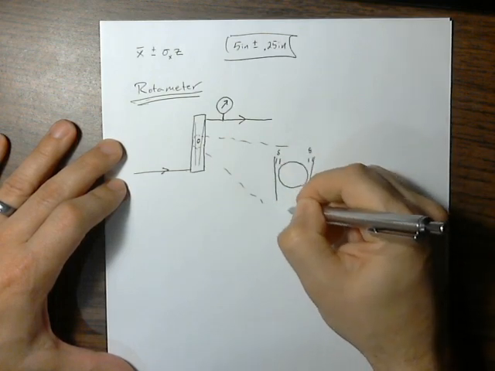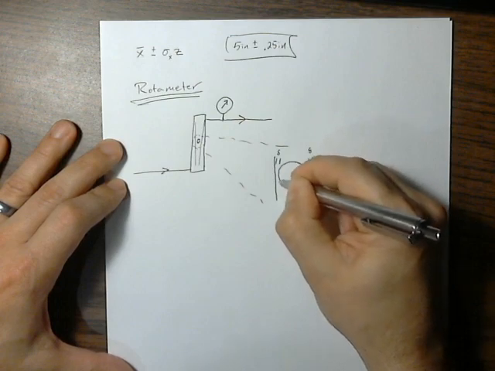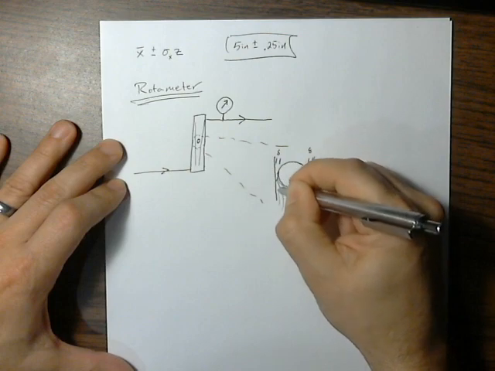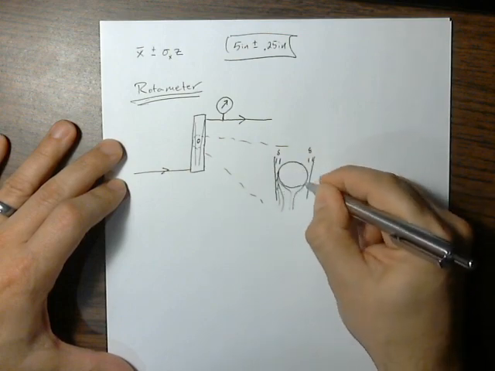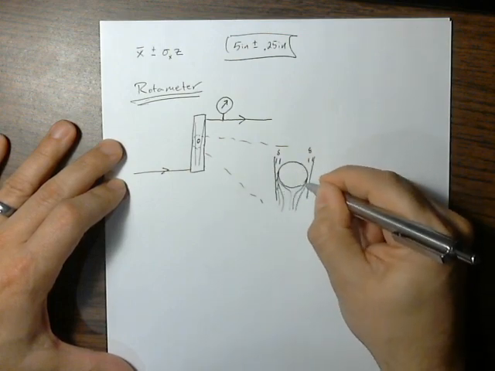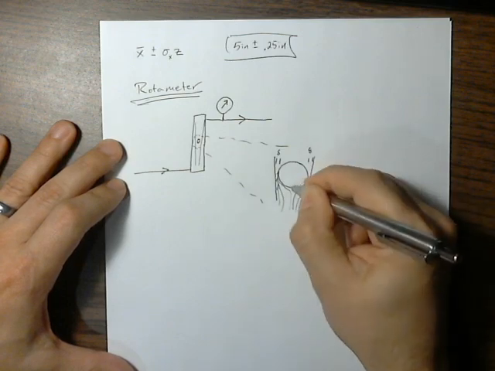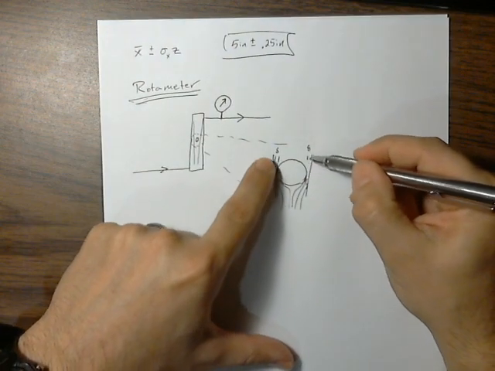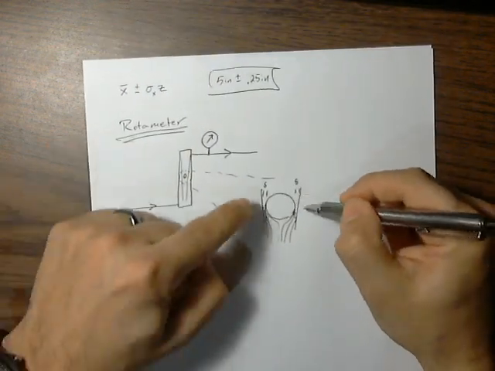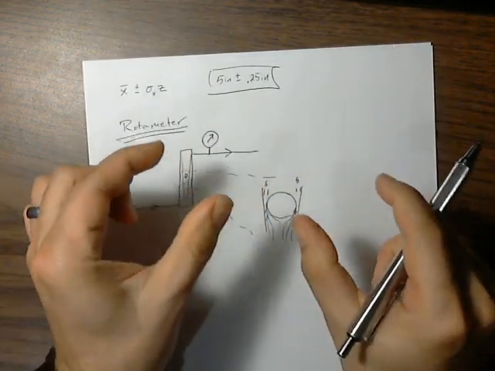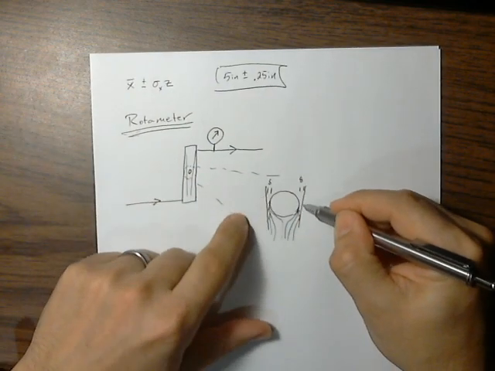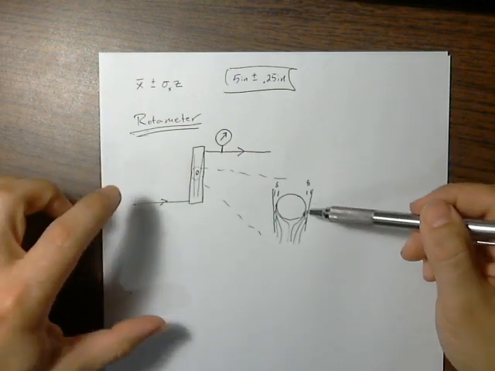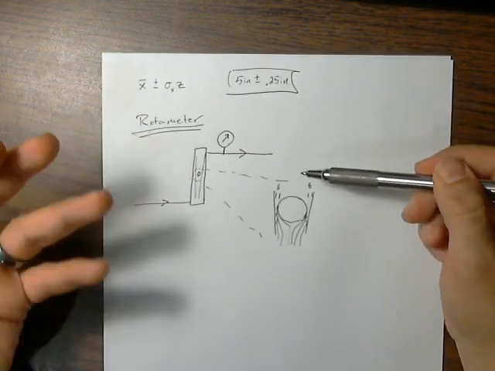The gas is forced to go around the ball and through that gap, and when it does that, it creates lift on the ball. The accumulated pressure underneath the ball causes it to rise. Well, as the ball rises, that gap widens, and the flow rate through that gap relaxes. And what you find is that the pressure supporting the ball decreases.